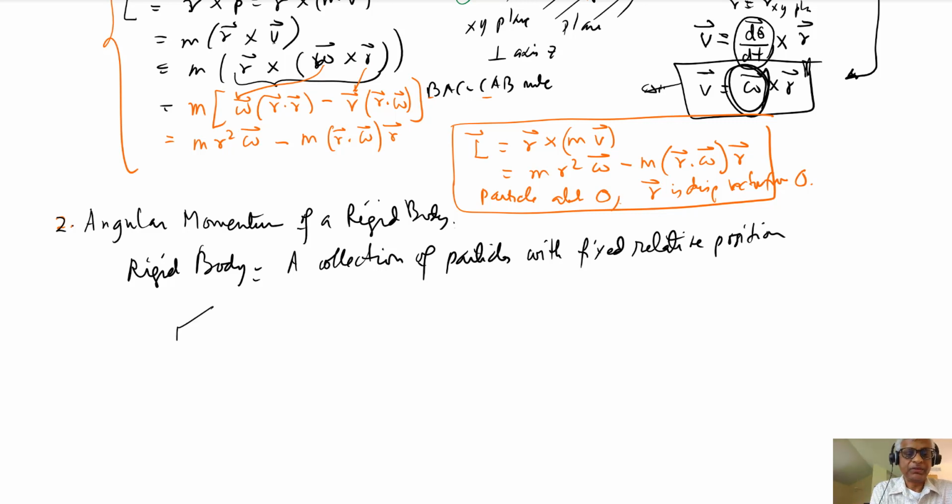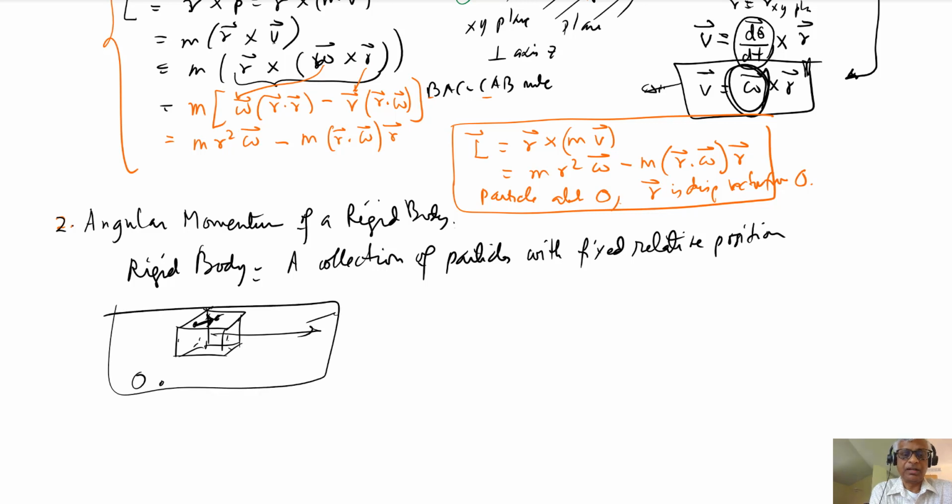Like if you have a box, and it's got a whole bunch of masses everywhere, but they're not moving around with respect to each other. So this one and this one remain the same. The entire box is moving with respect to this point O, but the relative positions of these are the same over here as over here.